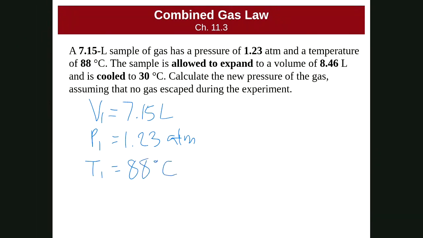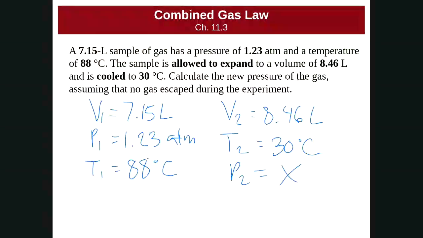All right, that sample is allowed to expand to a volume of 8.46 liters. All right, we got our new volume, so that's going to be V2, 8.46 liters, and we got our new temperature. It was cooled to 30 degrees Celsius, so that's going to be T2. And we want to calculate the new pressure, so P2 is going to be our X. So what about N? We usually see N, right? In this case, no gas escaped during the experiment. So I'll show you why we don't need to worry about N.